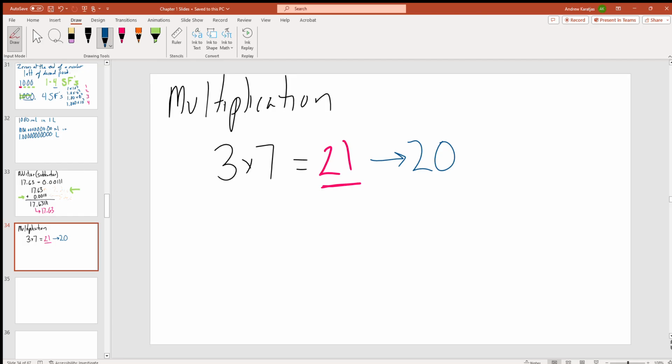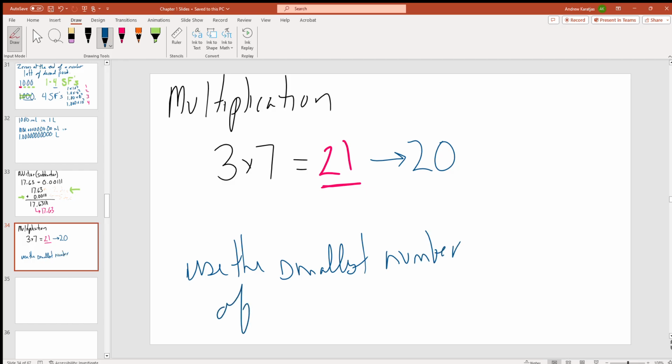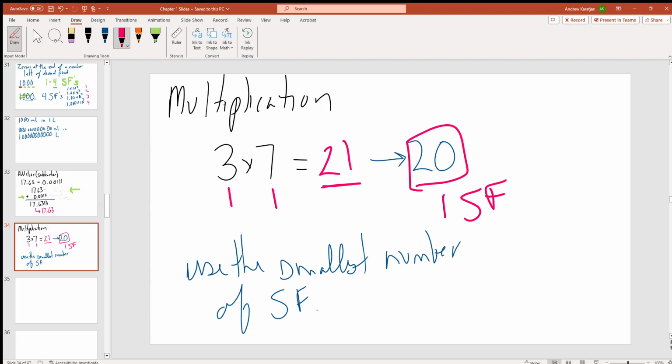The reason that we do that is multiplication and division use the smallest number of sig figs. So 3 only has one sig fig, 7 has one sig fig. So that means our answer can only have one significant figure.